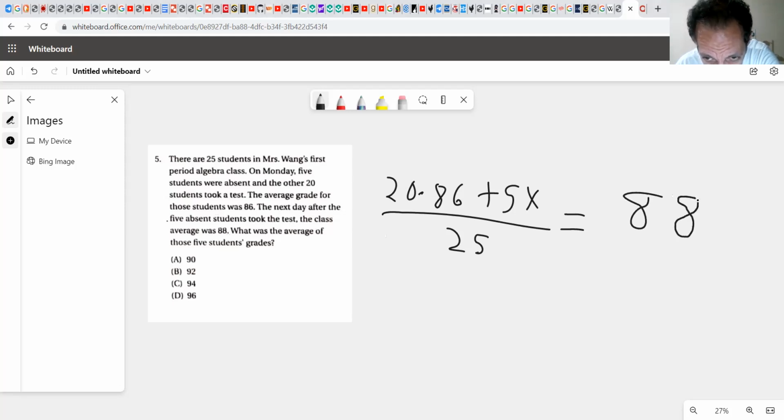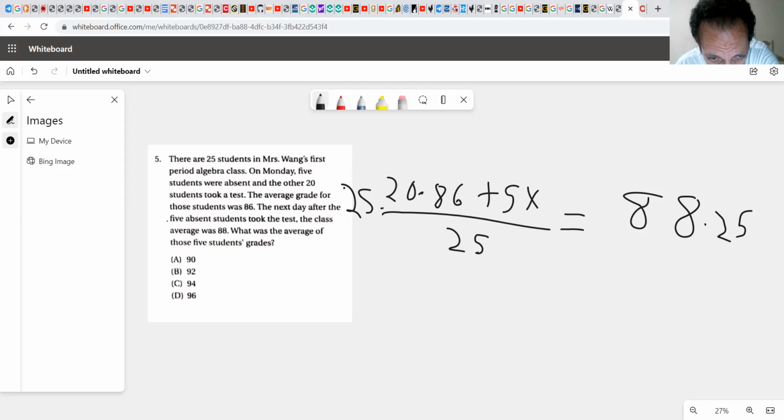So in order to figure out what those 5 students had to get on the exam to make the class average 88, you're going to have to solve this equation. What you can do is multiply both sides by 25.